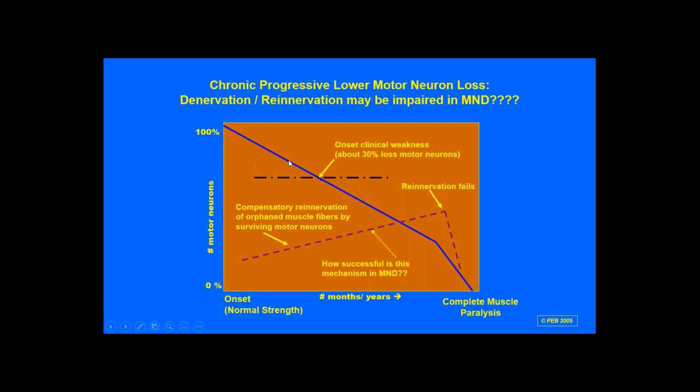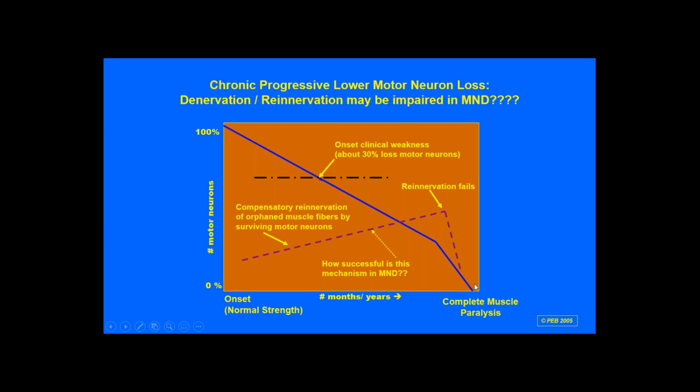So as we decline and hit about 30%, we get onset of clinical weakness. At about 30% loss of motor neurons, assuming compensatory reinnervation is occurring down here. But this mechanism is only so good until it starts to fail, and then it hits complete paralysis.